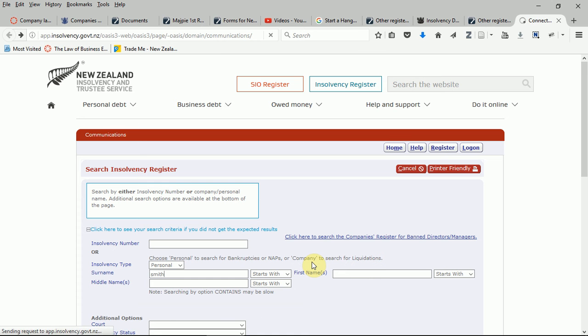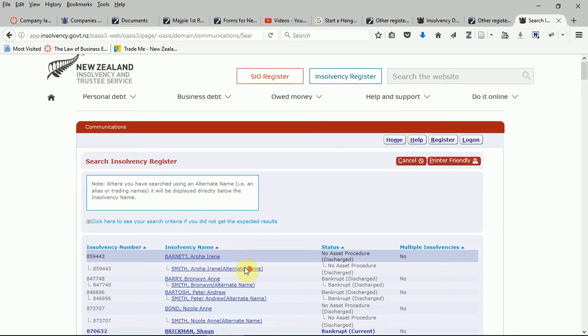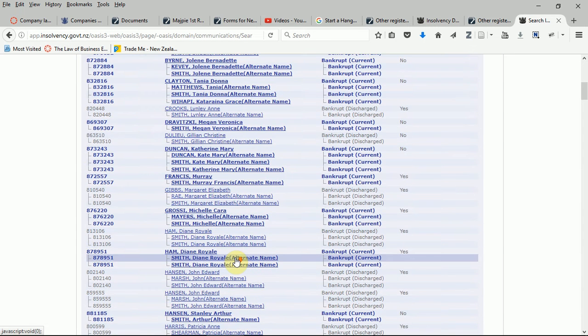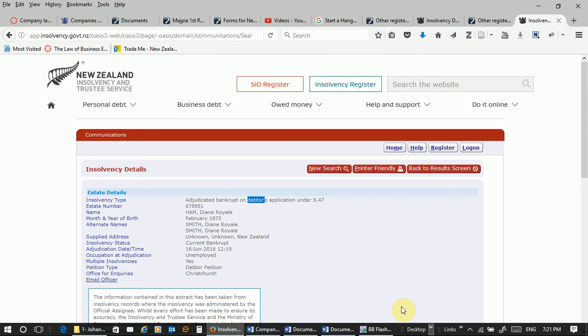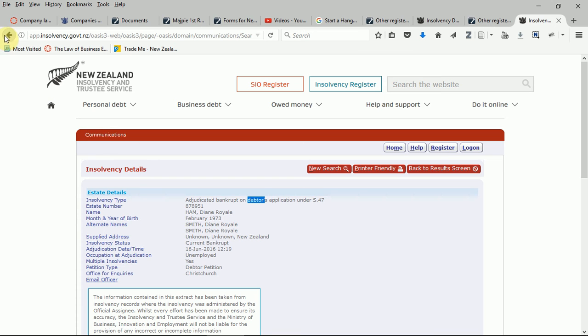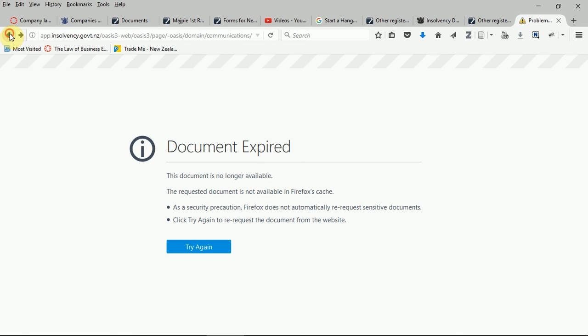If we look at some others, we're going to find out that other people were put into bankruptcy by creditors. So we have someone down here. What you'll see on here is a creditor's application, where a creditor has gone to court and asked the court to put a person into bankruptcy.